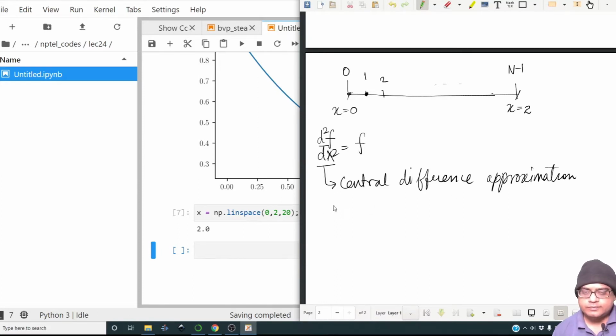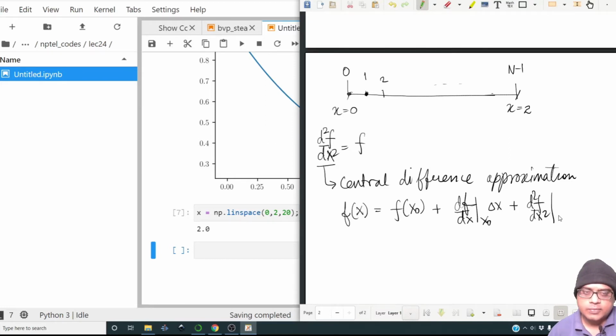All right. Whether or not it is clear how to do this, I'll just give you a gist of how it is done. We have f of x equal to f of x naught plus df dx at x naught times delta x plus d2f dx2 at x naught times delta x square by 2 factorial and so on.